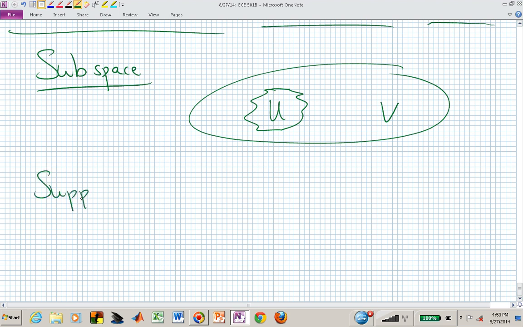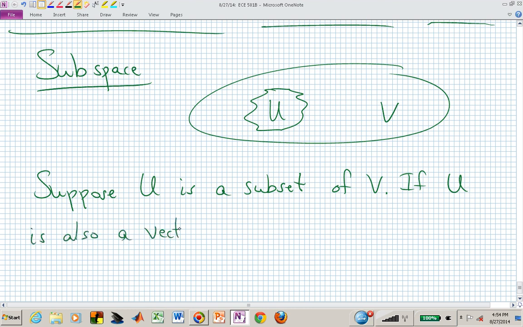Suppose U is a subset of V. If U is also, in addition to being a subset of V, a vector space, then U is a subspace of the original vector space V.